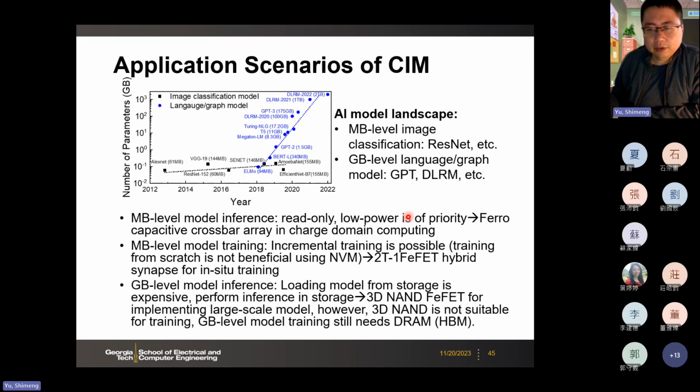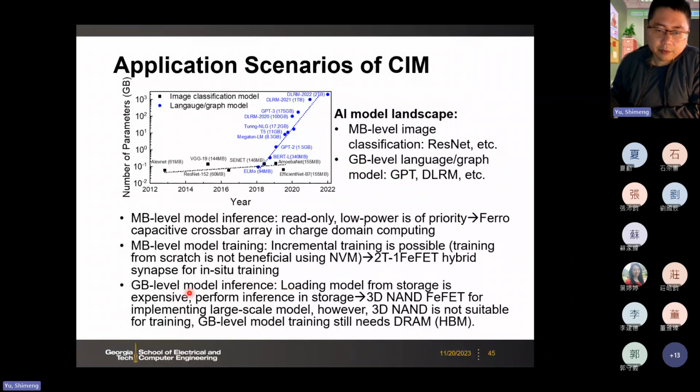So we can reach that capacity. But for the gigabyte level model, there's no way to use any embedded memory. Like the FeFET, I mean the one GlobalFoundries used, or other technologies like RRAM, MRAM, there's no way to get to gigabytes.